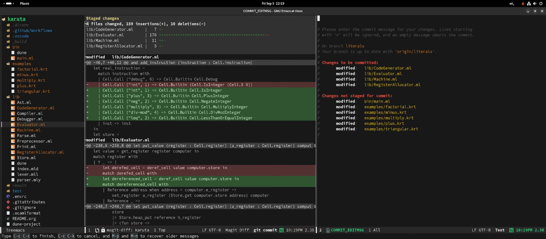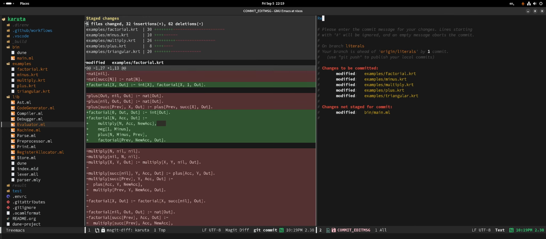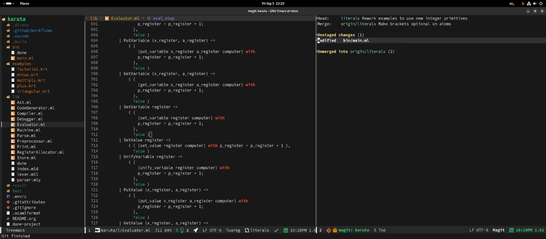And then we're gonna do: add arithmetic operations on integer literals. Boom, boom, boom. We have arithmetic, guys. Rework examples to use new integer primitives. And I actually don't care about this change.